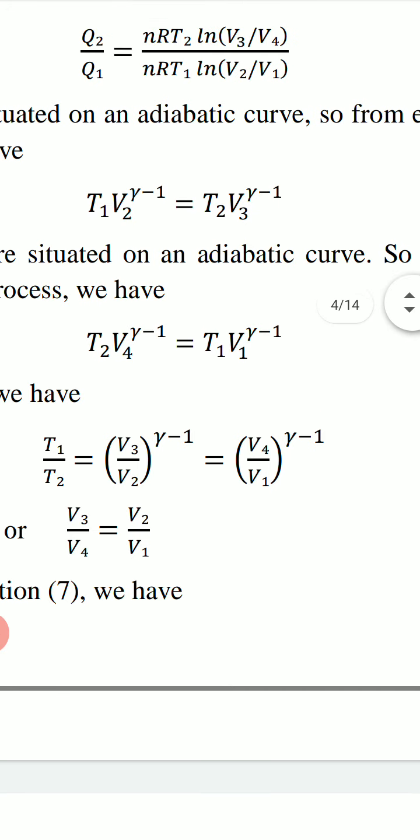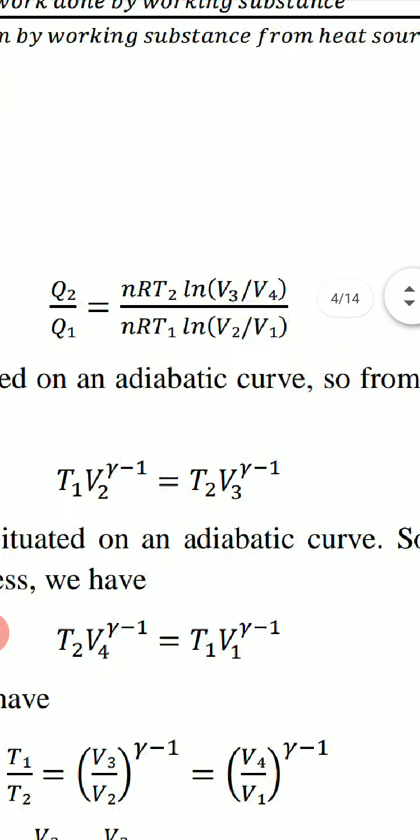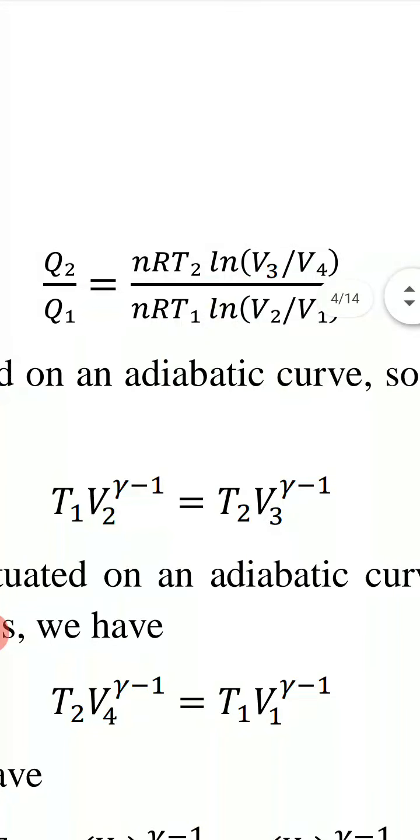If we put these values in this equation for Q2 upon Q1, we see that the two log terms, log V3 upon V4 and log V2 upon V1, cancel out in numerator and denominator, nR also cancels out, and we get Q2 upon Q1 equal to T2 upon T1.